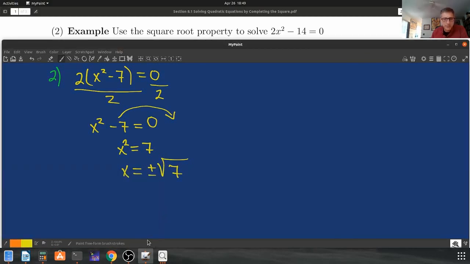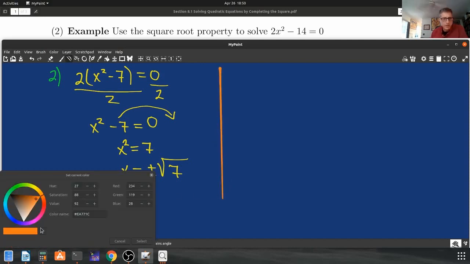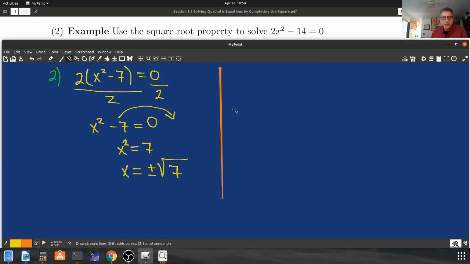Perhaps the more direct way to do it, the one that is really almost the no-brainer, is to do it this way. Just simply start with 2x squared minus 14 is equal to 0, and move the 14 over.